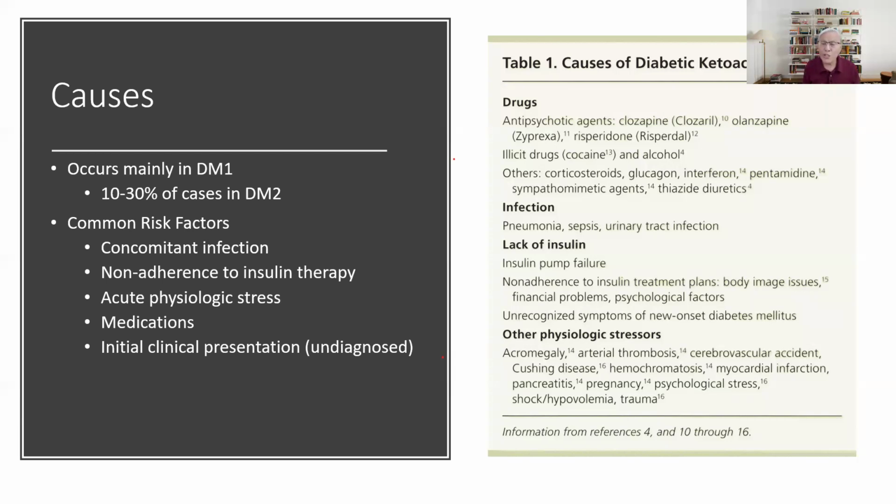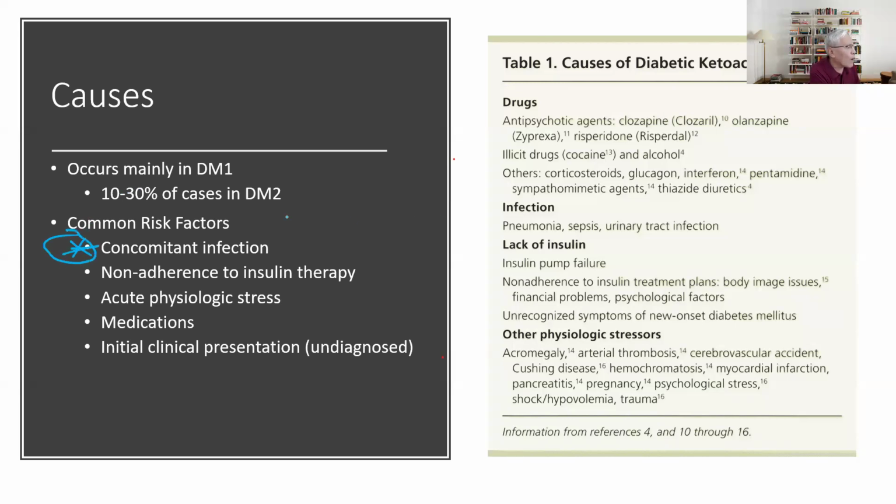Now, the most common scenario why individuals with diabetes usually develop diabetic ketoacidosis is because they develop an infection. And when they have an infection, the demand for insulin is greater. And if they don't increase their insulin dose, it is now going to cause ketoacidosis. So, important. This is going to be the most common cause of diabetic ketoacidosis.